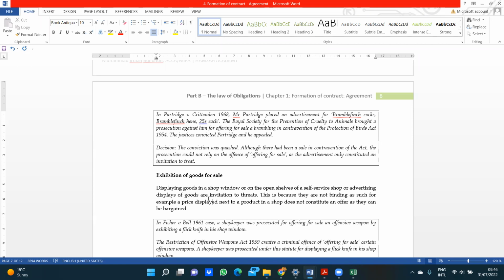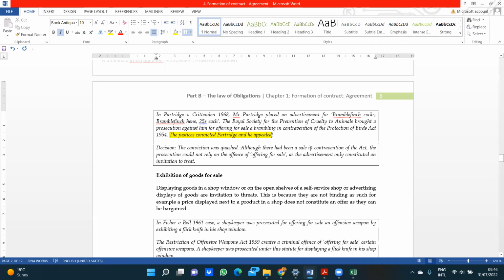The justices convicted Partridge, and he appealed. The conviction was quashed, so the conviction was rejected.